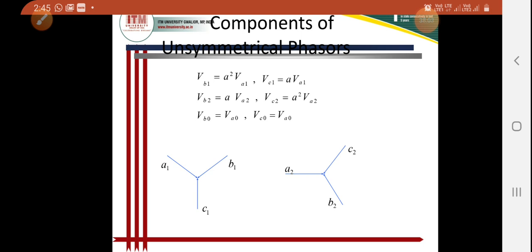Then accordingly we are able to write VB1 as A square VA1, VC1 as A VA1, VB2 as A VA2 and VC2 as A square VA2, and VB0 as VA0, and also VC0 as VA0. Clear?